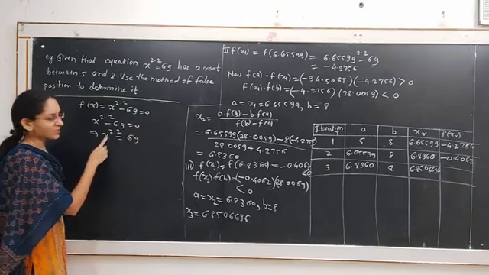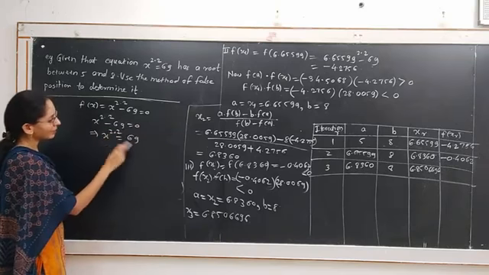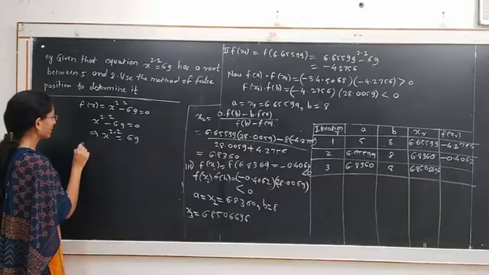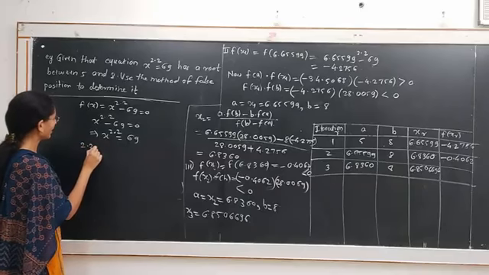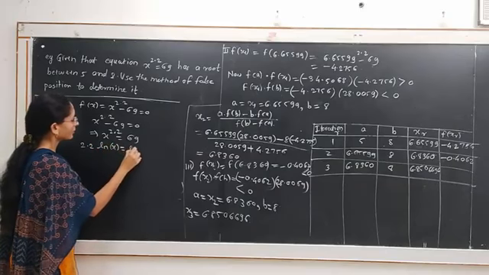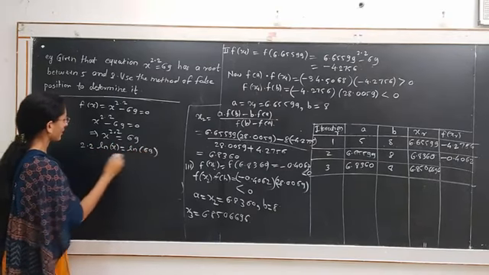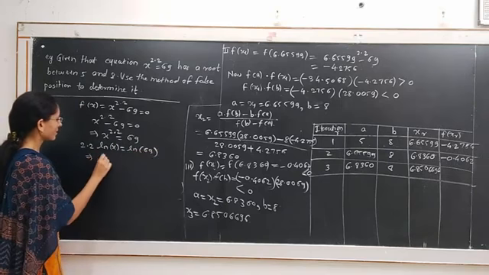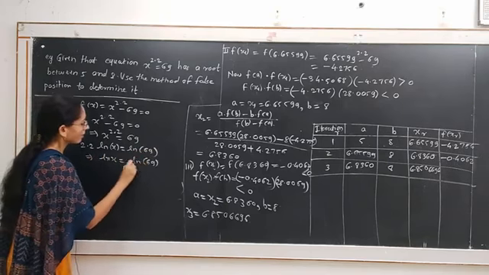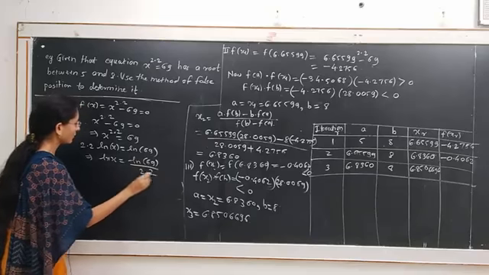To find the value of x, we will take the logarithm of both sides. Therefore, 2.2 into ln of x is equal to ln of 69. This means ln x is equal to ln of 69 divided by 2.2.